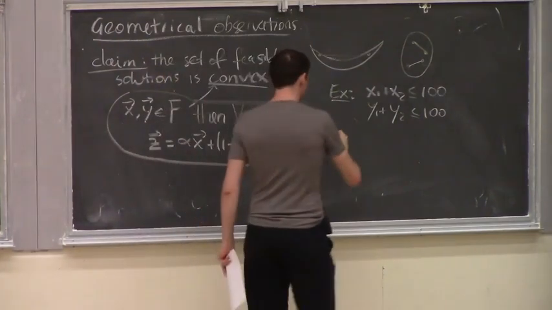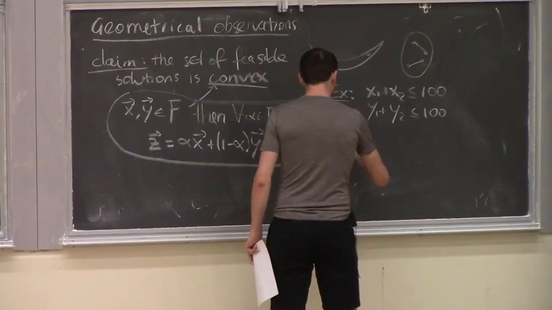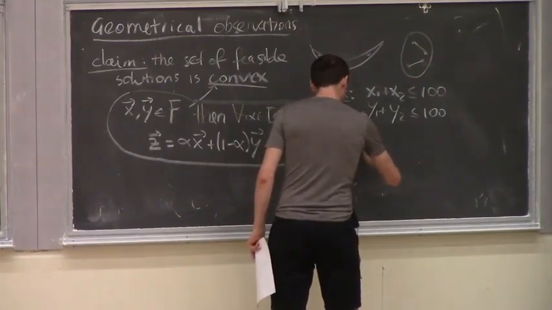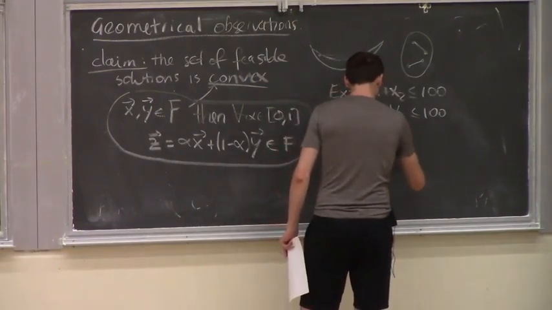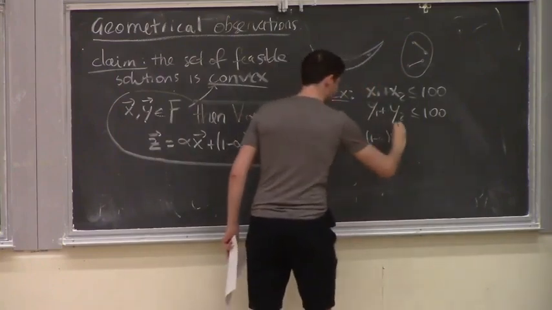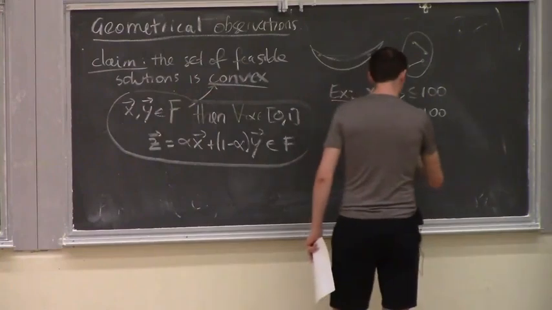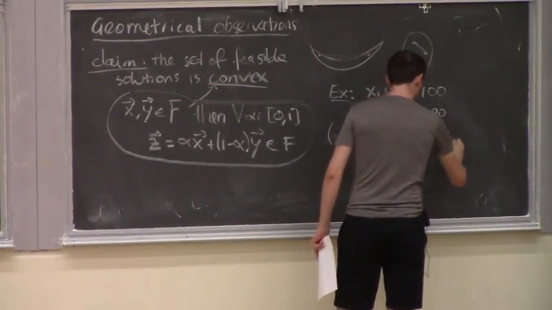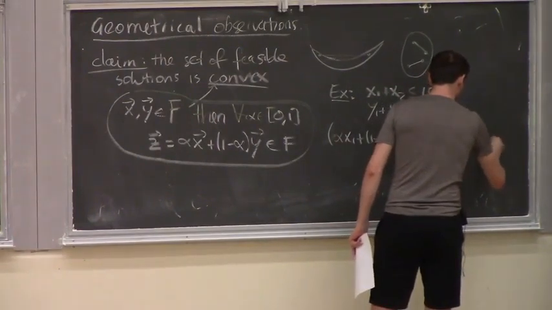Now I'm interested in whether alpha x1 plus 1 minus alpha y1, so that's z1, plus alpha x2 plus 1 minus alpha y2, that's z2, is at most 100.